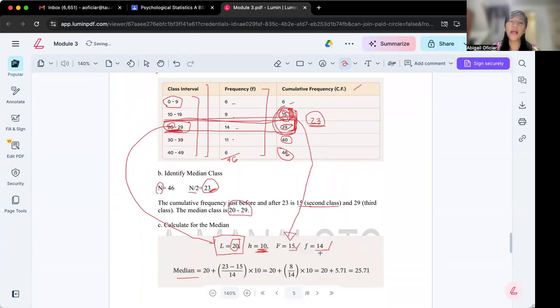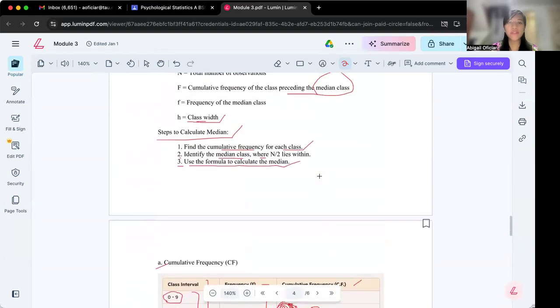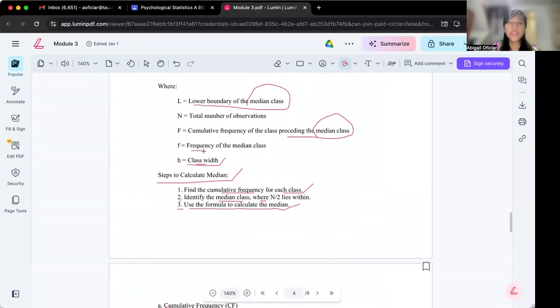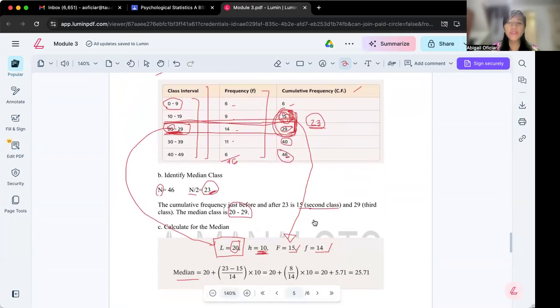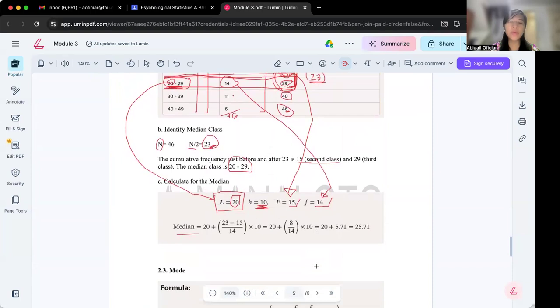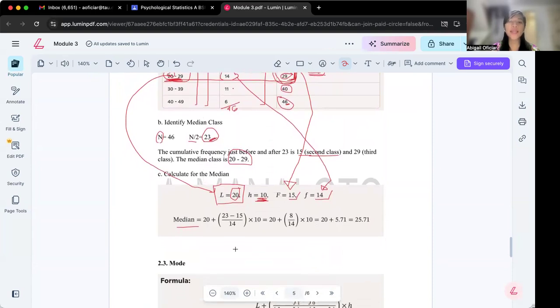Now, the small f is the frequency of the median class. What is the frequency of the median class? The frequency is 14. So I hope you got those values kung saan nanggaling mga yan.